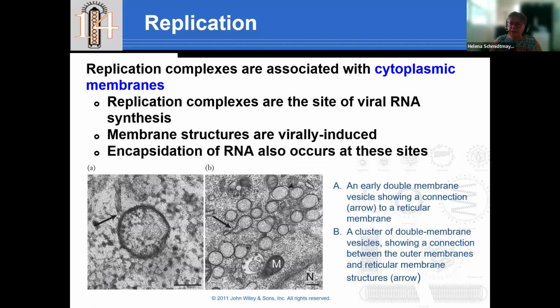Also, encapsulation of RNA occurs on these membranes. If you look at this electron micrograph, in the first picture you can see early membranes triggered by the virus. And here on the second one on the right, you can see a cluster of those cell membranes which support virus replication.